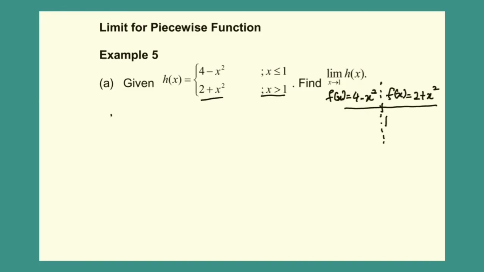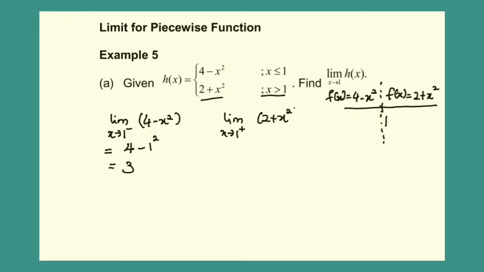Okay, now for limit h(x) as x approaches 1 for the left. Now, the function at the left is 4 minus x squared. Substitute x equal to 1. This is 4 minus 1 squared, equal to 3. And then for the limit as x approaches 1 from right, the function at the right is 2 plus x squared.